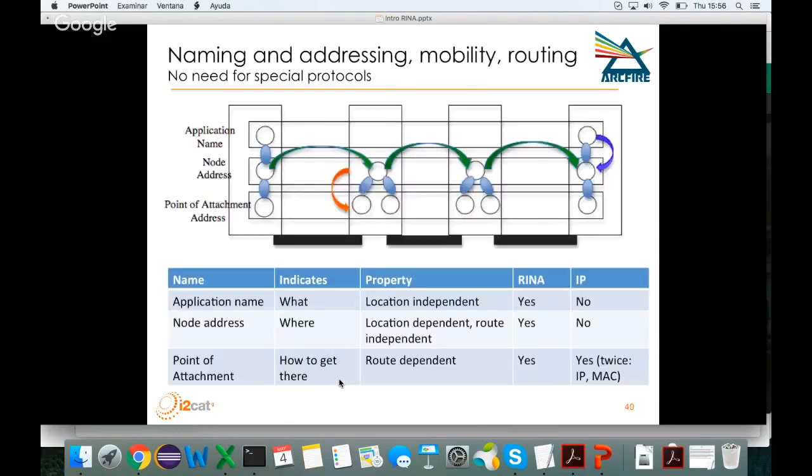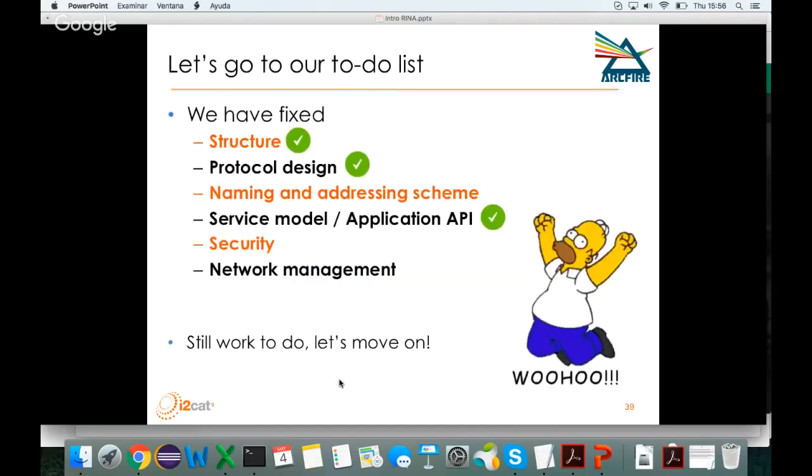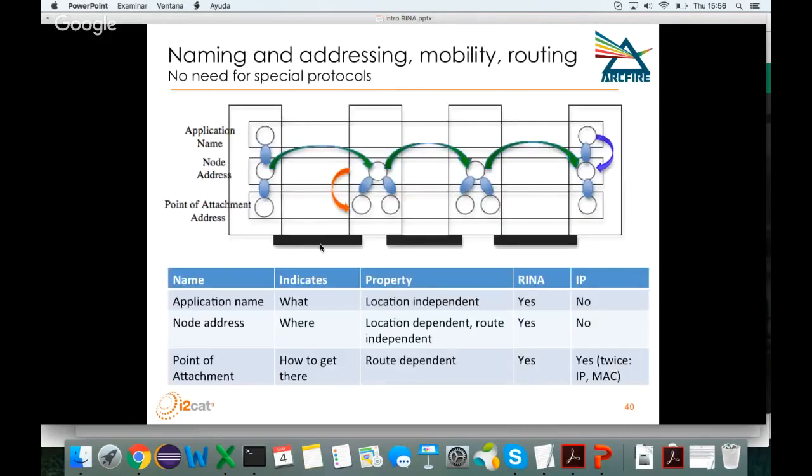So finally, let's just look at naming and addressing. There has been a lot of work in these three years, but one of the best pieces of work from the beginning is looking at what are the objects that have to be named in a network for naming and addressing. And we have applications that tell you what is going to communicate.